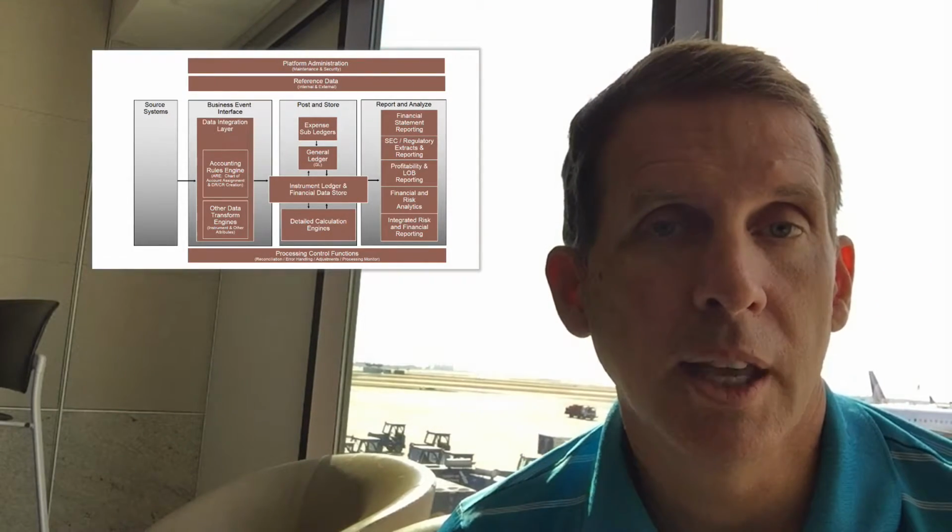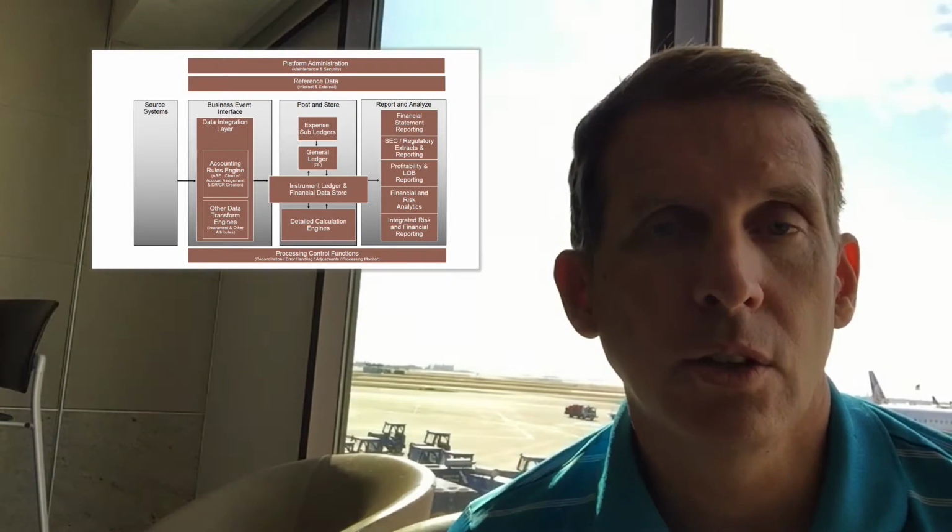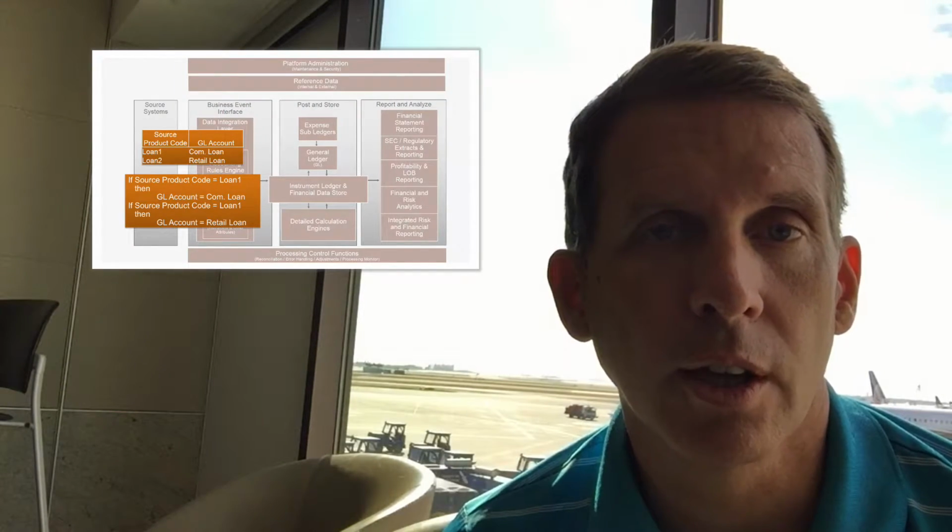So maintaining a valid list of accounts in a single list is important because those accounts get used in lots of different rules. And then making sure that the rules are only referencing valid accounts is an important thing before you execute the rules. The source systems, the accounting rules, feed to and use the chart of accounts as targets.